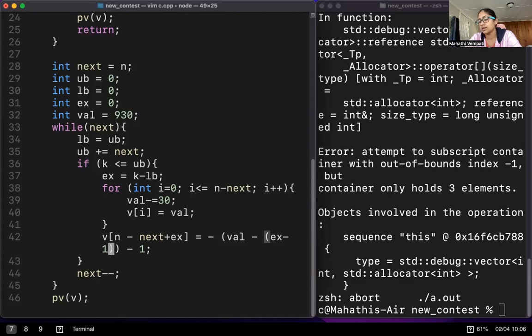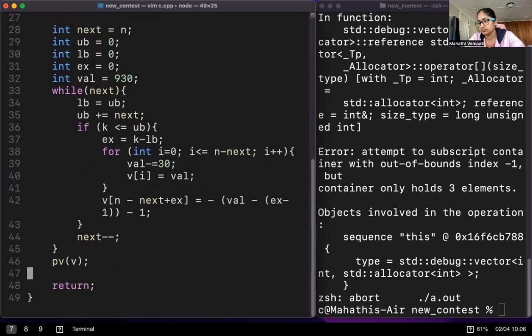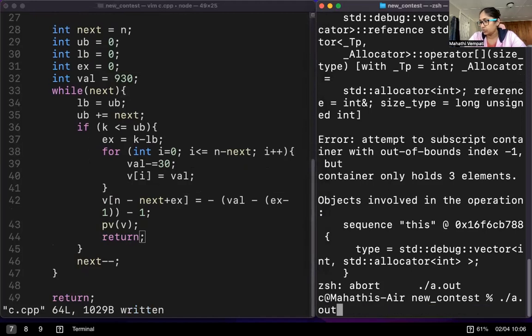Oh, next minus minus. I see. With the ugly code, what up?